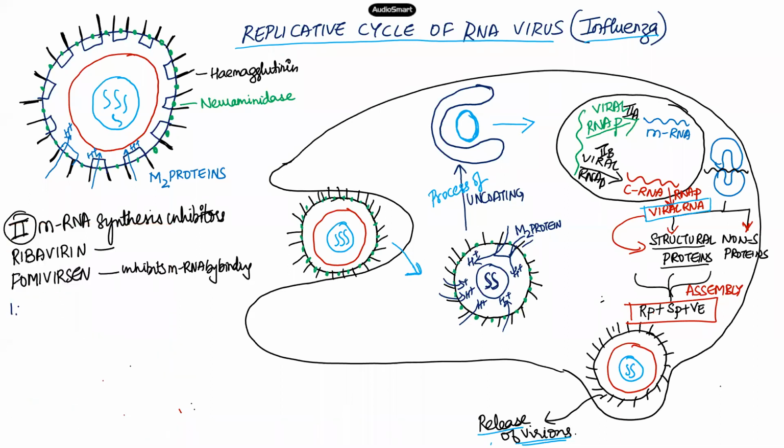Now, the third type of drugs that we have over here are called the drugs or inhibitors of viral penetration and uncoating. So now you very well know where these drugs will act. But before that, let us include the drugs.